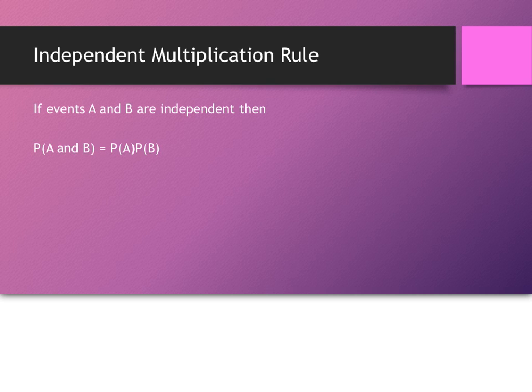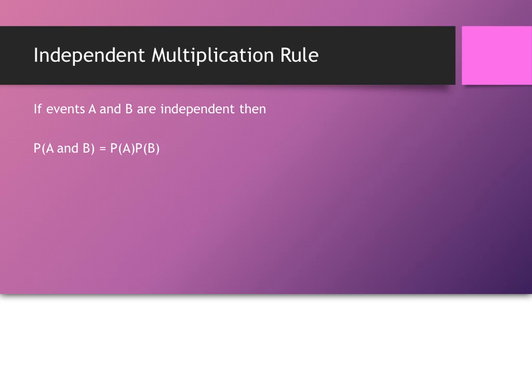Now, we're going to go over the independent multiplication rule first because it's the easy one. All right? If I say, what's the probability of getting A and B? So what's the probability of getting a male and a tails on a coin flip?